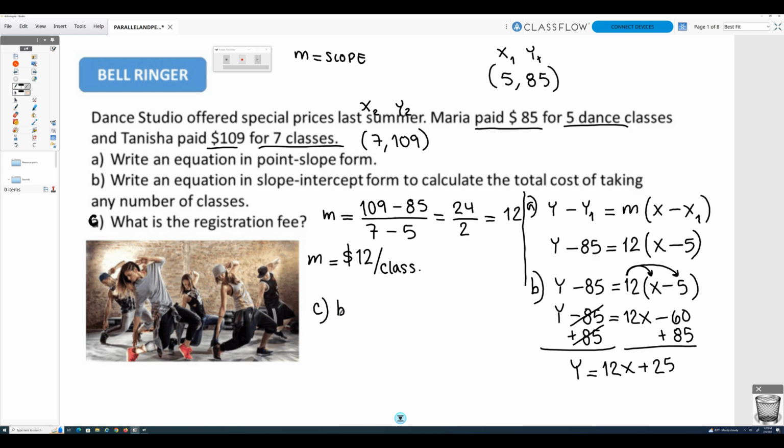If we paid $12 per class, the y-intercept of $25 is the registration fee. What is the answer for part C? Good job. Now we are ready for the next lesson.